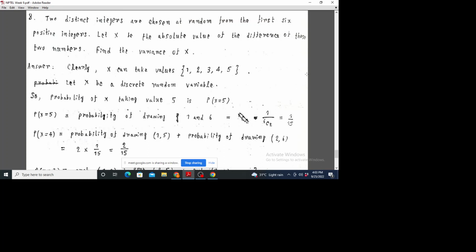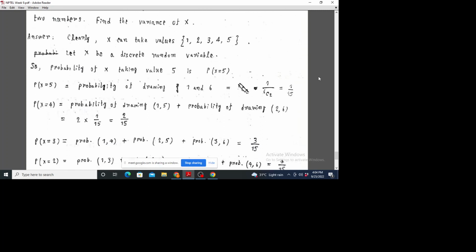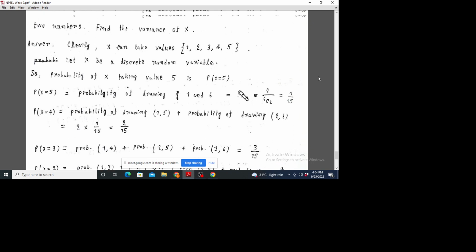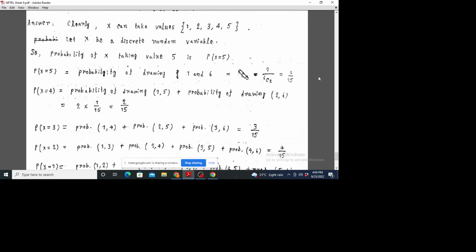Because you have to choose two distinct integers, 0 cannot happen. The minimum that can happen is 1, and the maximum is 5, because 6 minus 1 is 5, and that is the maximum value of x. And 2, 3, 4 are also possible.